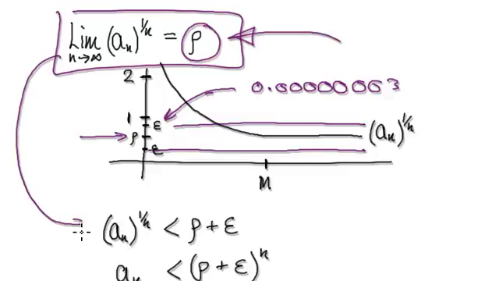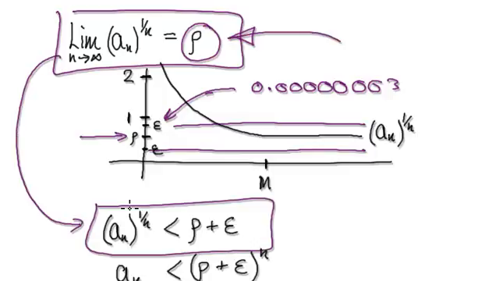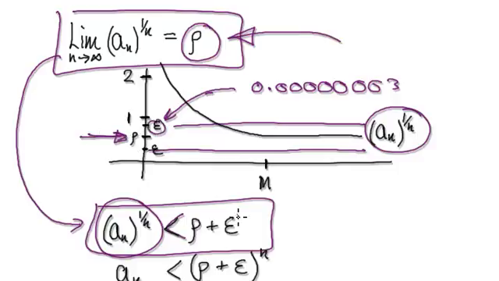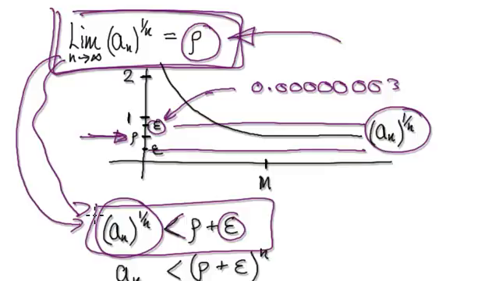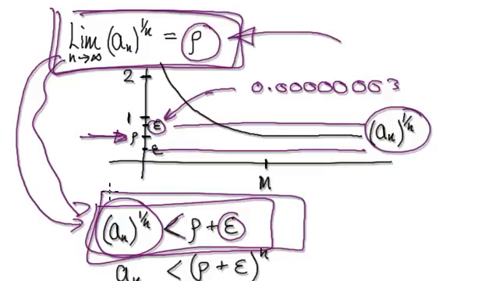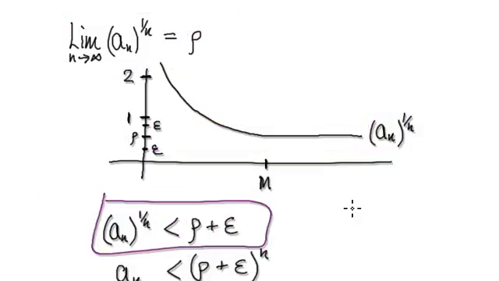That would make this statement true. Because look at this, this thing here must always be less than your limit plus a small tolerance. So this statement will be true for all n beyond capital M.